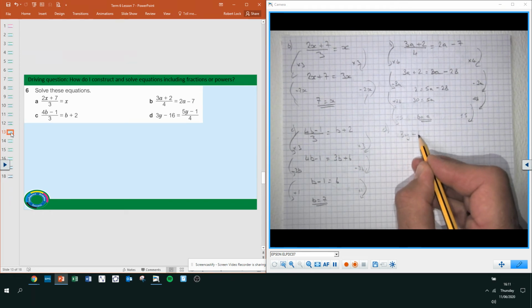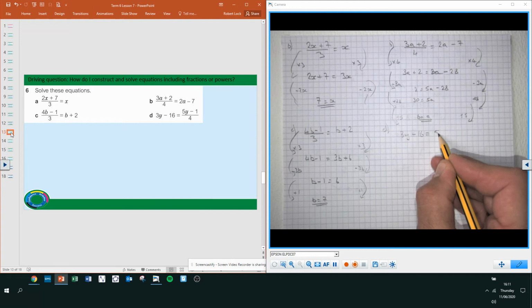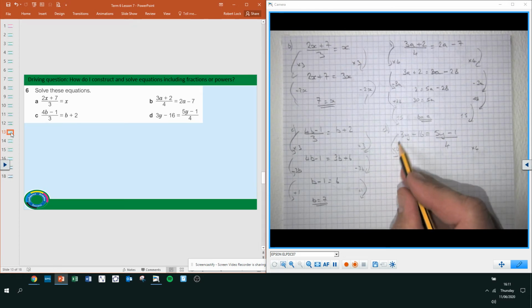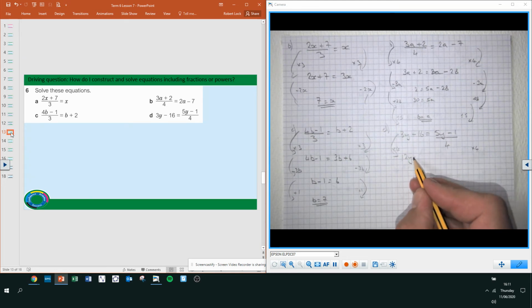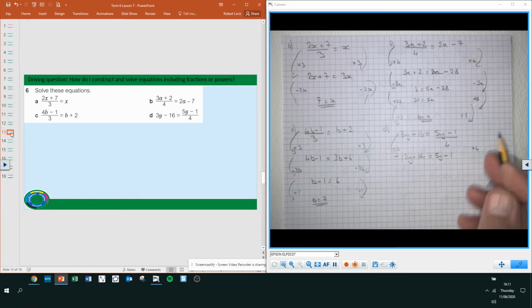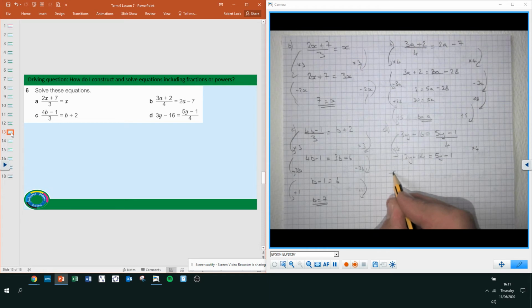3y minus 16 equals 5y minus 1 all over 4. To get rid of the divide by 4, we times by 4 on both sides. So 4 times 3y is 12y, minus 4 times 16, well, we know that from before, is 64, and that becomes 5y minus 1. 5y is smaller there than it is over there, so take away 5y on both sides.